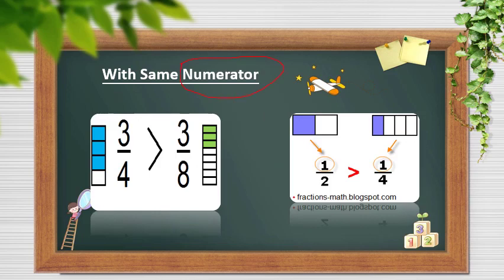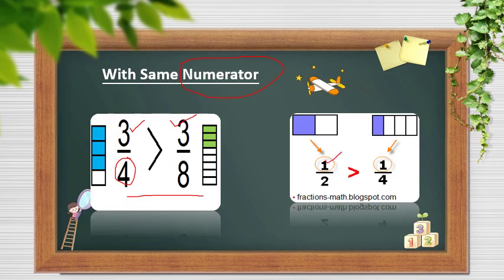Similarly, if we have same numerator, then how are we going to compare? Now look at the first picture. My numerator is, excellent, it's 3 and it is the same. So which fraction is greater? Very good, the one with smaller denominator.